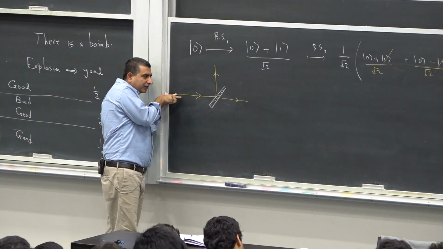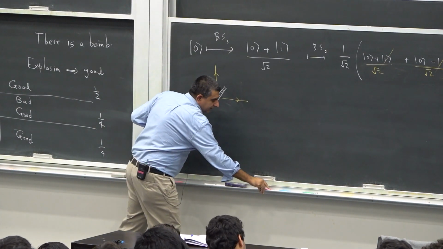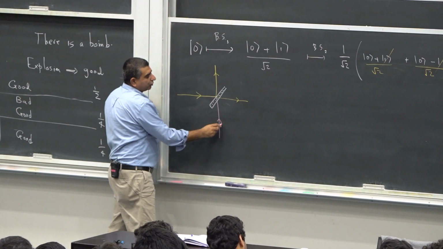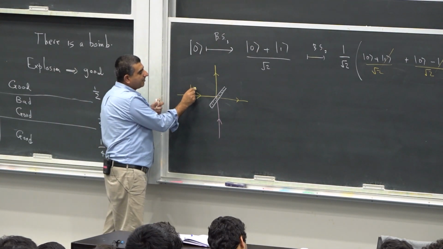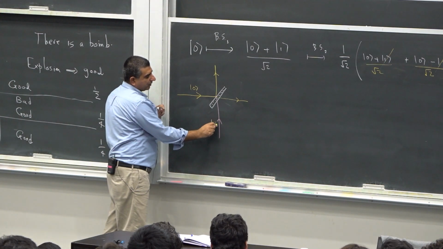One is the photon could come in through this path. The other possibility is that the photon can come in through this path. I call this input channel ket 0 and I call this input channel ket 1.